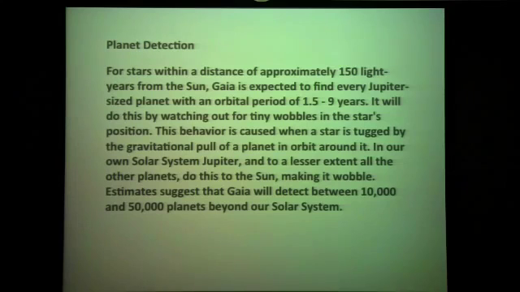In our own solar system, Jupiter, and to a lesser extent all the other planets, do this to the Sun, making it wobble. Estimates suggest that Gaia will detect between 10,000 and 50,000 planets beyond our solar system with this astrometry technique. We can't do it from the ground, but Gaia will do it from space.